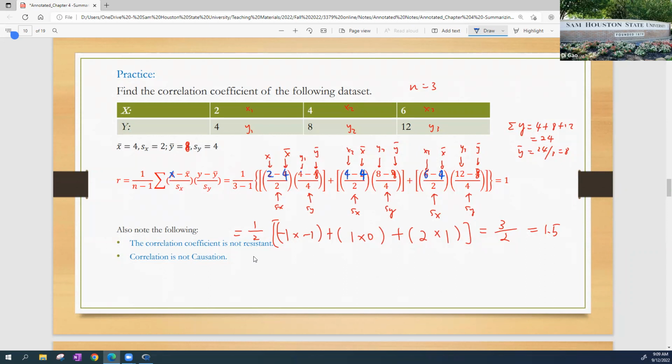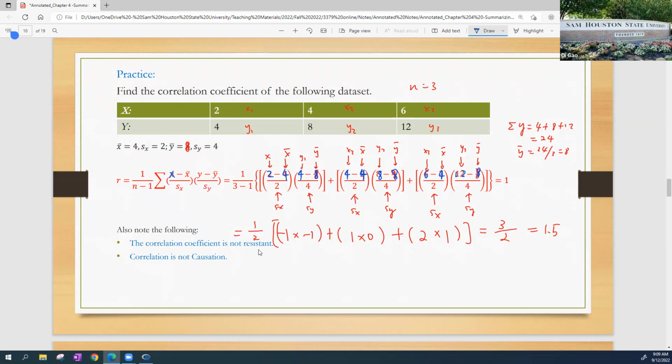And then for y, let's check it again, just to make sure. So y is 4, 8, 12, and minus y bar, so 8, 8, 8, no problem. So 2, 4, 2, 4, 2, 4. Okay, now the formula is correct.